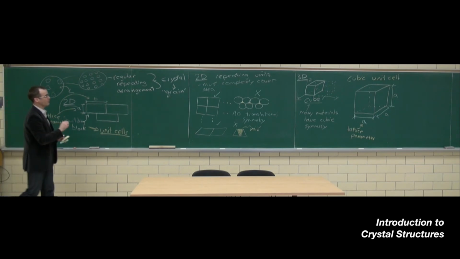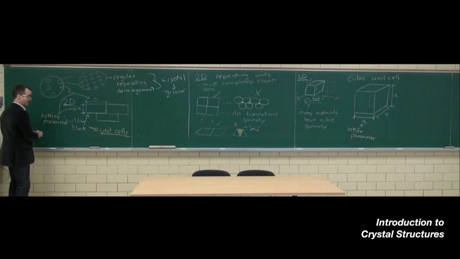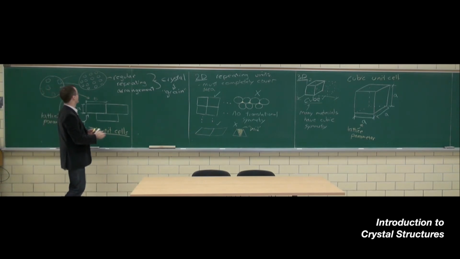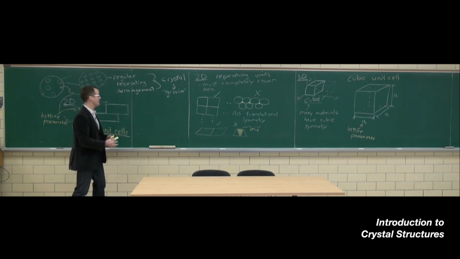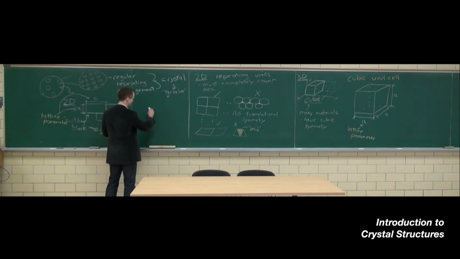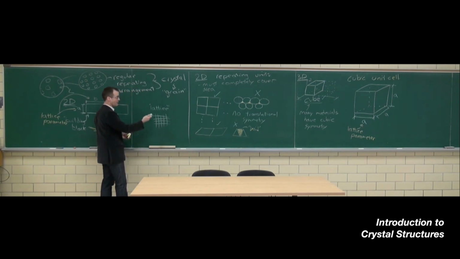And I should also, just for a moment, expand on what this word lattice means, in case English is perhaps not your first language, you may not have come across that. But the word lattice essentially describes a repeating framework.